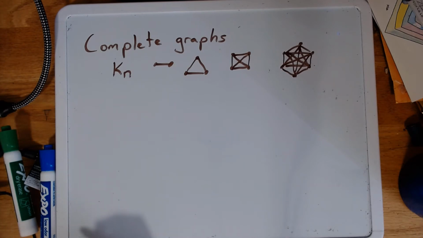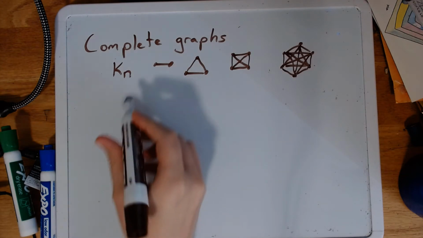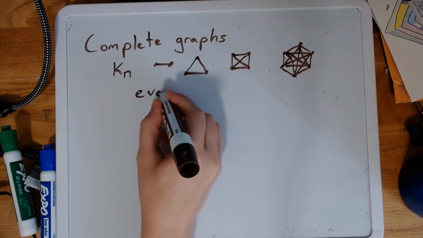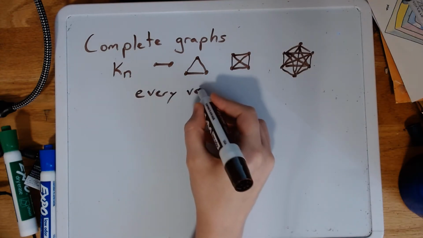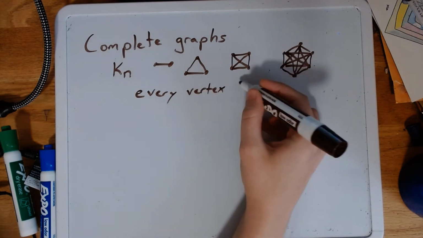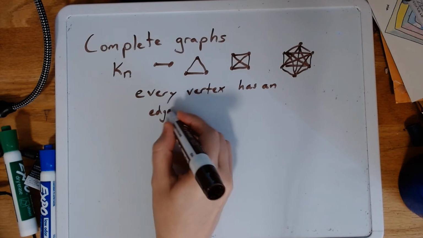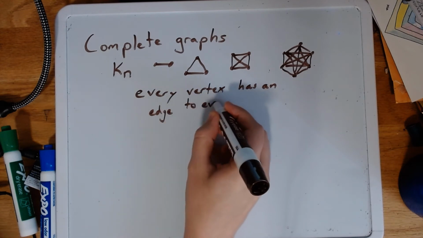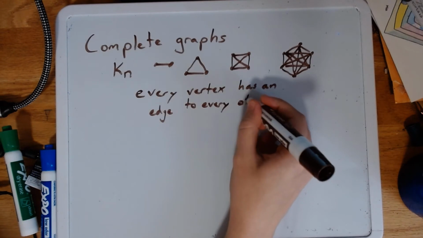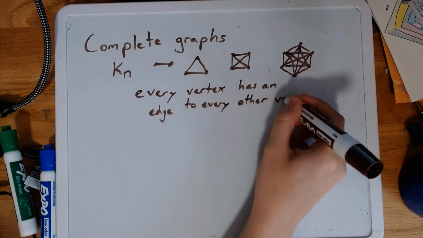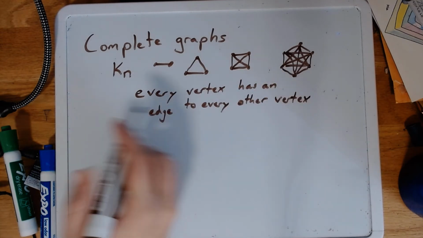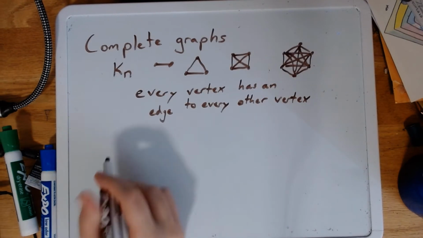Okay, so we wanted to count edges, but this is a problem where it's useful to start by counting degrees. So the idea here is every vertex has an edge to every other vertex, and we have n vertices total.